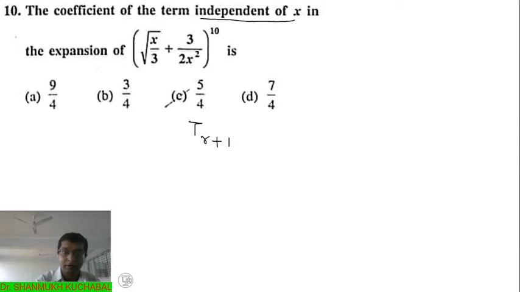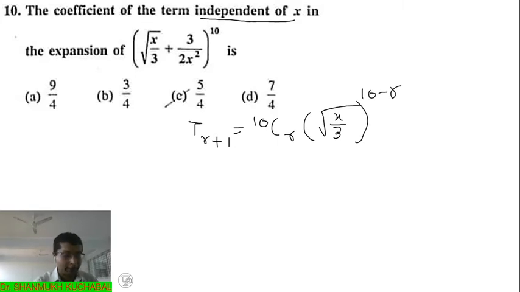See, last class we studied the general term definition I have given. Those who have not understood this, kindly go through it. You will find the T r plus 1 expansion formula. So it is 10C r, root x by 3 raised to 10 minus r, first term raised to n minus r, and second term raised to r. Then we need to simplify this.